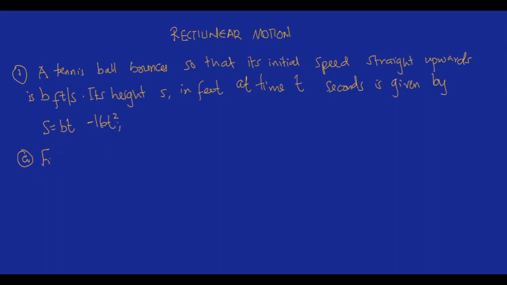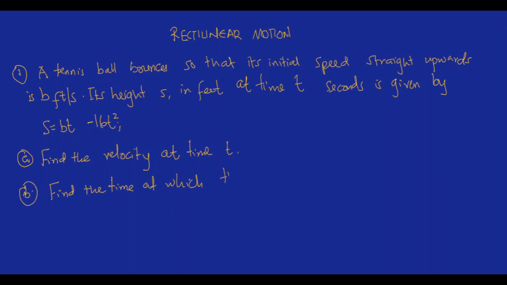So we are required to find the velocity at time t, then we are also required to find the time at which the height of the ball is maximum.